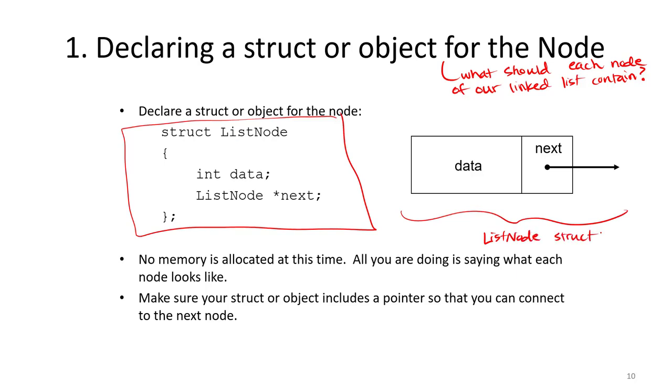So this is just one example, but you see the listNode struct contains some int value named data and a listNode type pointer named next. This pointer will only be able to point to a listNode struct.